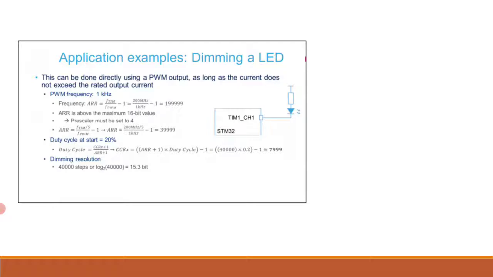This yields a value of 7999. Lastly, the dimming resolution can be computed from formulas present in previous slides. With a timer running at 40 MHz, a 1 kHz PWM provides for 40,000 dimming steps, which corresponds to an equivalent resolution of 15.3 bits.